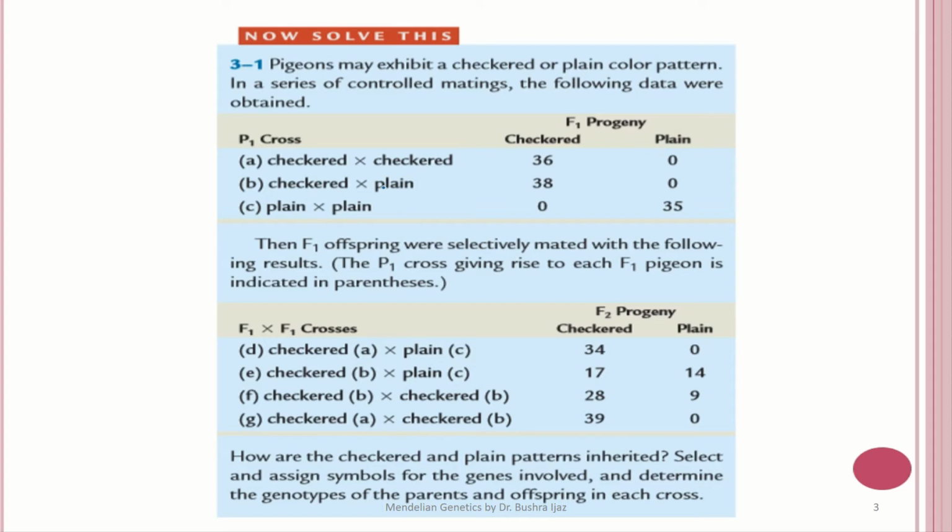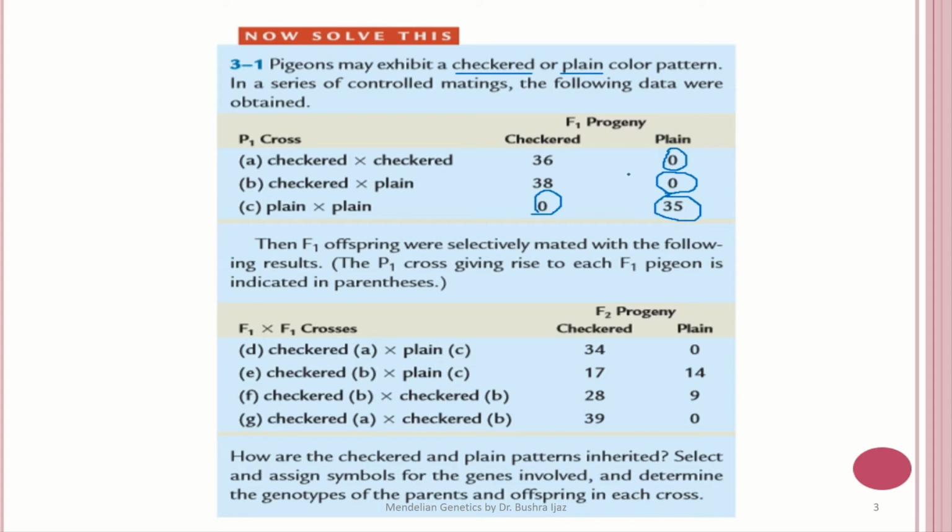When checkered was mated with the plain pigeon, the resulting progeny was 38 checkered and no plain color. When plain was mated with plain, you can see there was no checkered, all were plain. So based on these values, you can easily determine which trait is dominant and which one is recessive.